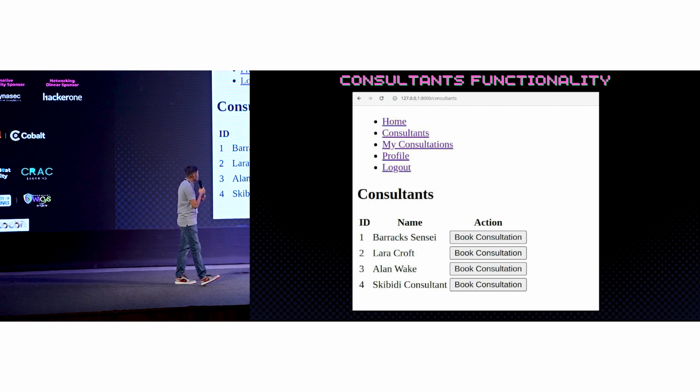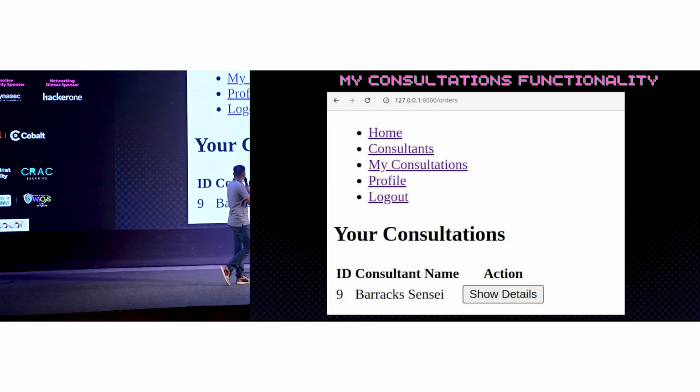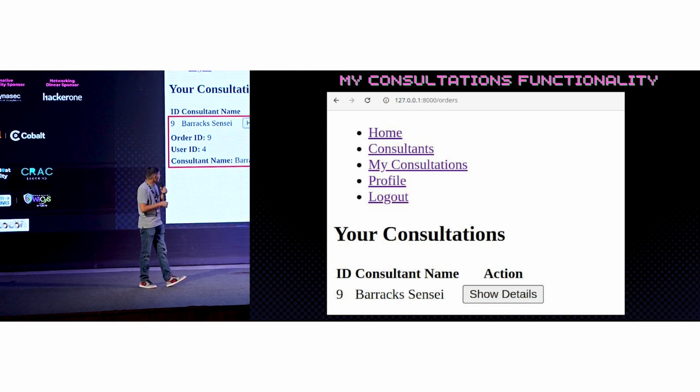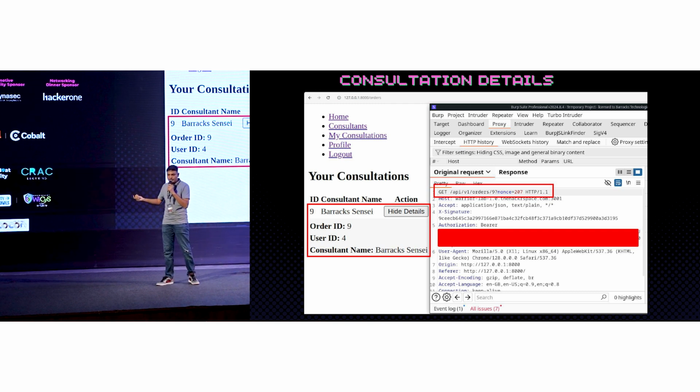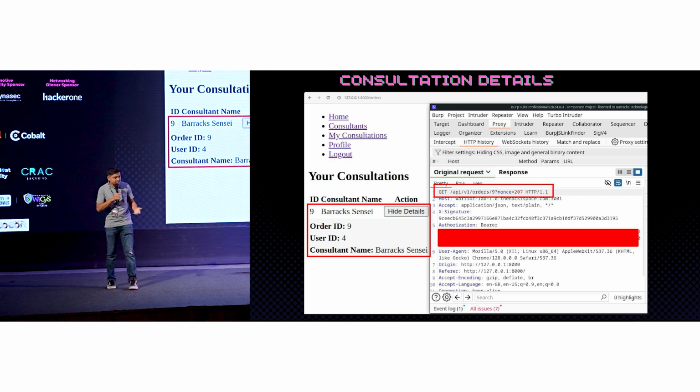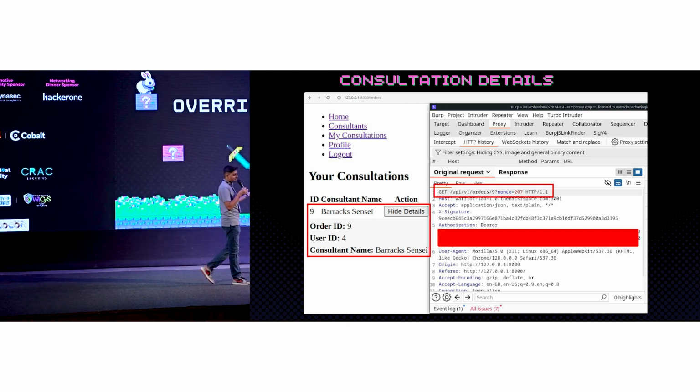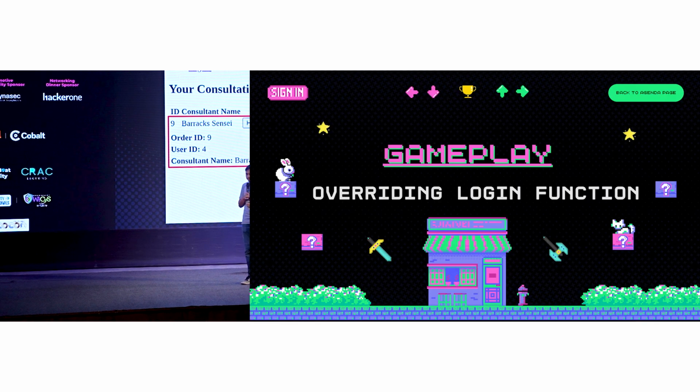If we click on book consultation, we can see the consultation is available in my consultations. Now upon clicking the show details button that we saw previously, a request to API v1 orders and then order ID was sent. It was a GET request, so it did not have a request body. This just makes life easier for us.